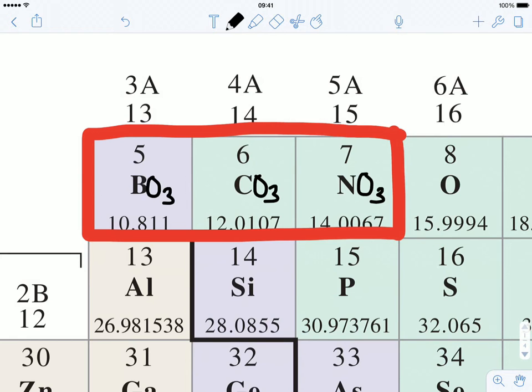If you can just commit to memory that nitrate's charge is -1, you just go 1 more for carbonate and borate and you'll have their charges. So the charge for carbonate would be -2 and the charge for borate would be -3. So that is a little bit of a pattern to help you memorize how many oxygens these 3 polyatomic ions have and what their charges are.